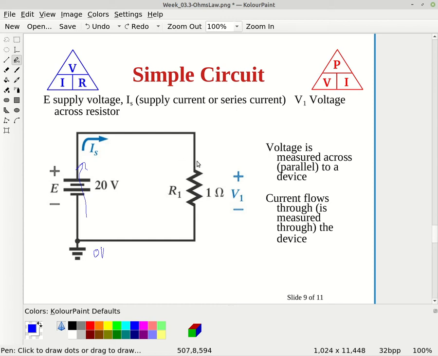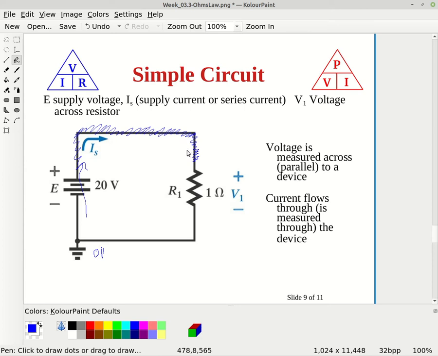And so this here is actually considered a node, and a node is the same voltage everywhere. So all along this is a conductor, and we already talked about how conductors do have resistance, but when we draw the circuit like this, we're assuming that this conductor is a perfect conductor and therefore has 0 resistance.